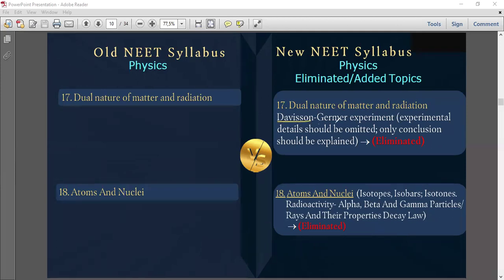Next, dual nature of matter and radiation. Davisson-Germer experiment: experiment and experimental details should be omitted, only the conclusion should be explained. So only the conclusion is needed; these experimental details are not required. Next, atoms and nuclei: isotopes, isobars, isotones, and radioactivity, including alpha, beta, and gamma particles or rays and their properties, and decay law, were eliminated.